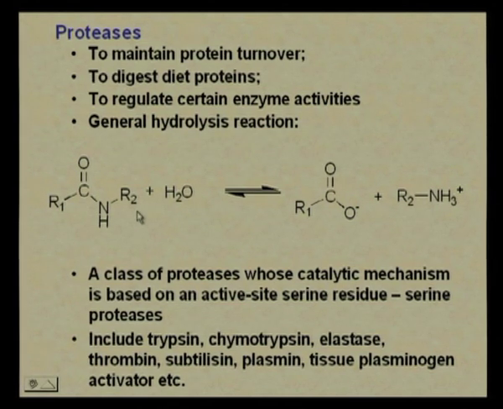Now we are going to have a general hydrolysis reaction in which we will have the cleaving of this bond, and this is accomplished by these proteases. Now there are different types of proteases like serine proteases, aspartic acid proteases, and the one that we will be studying is serine proteases.